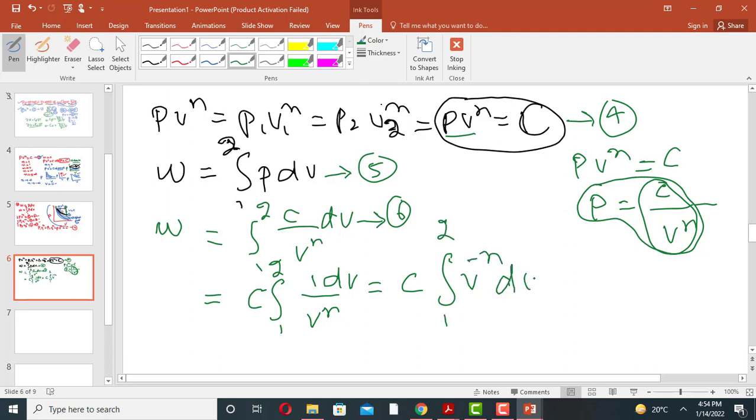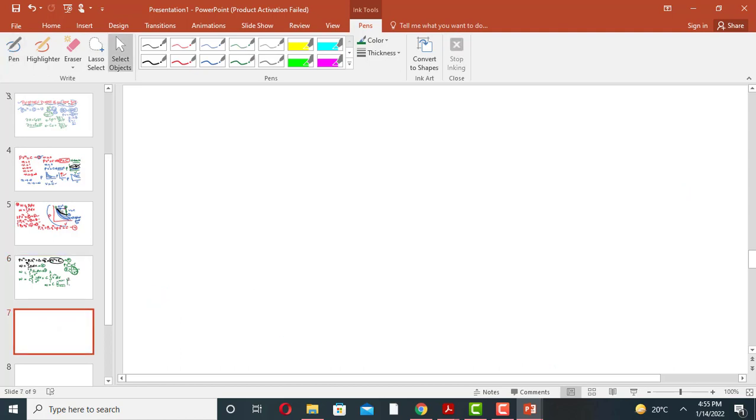After taking the integral, we will get that work is equal to C into V^(-n+1) divided by (-n+1), with the limit from point 1 to point number 2.